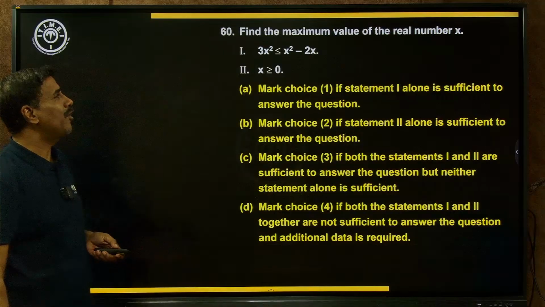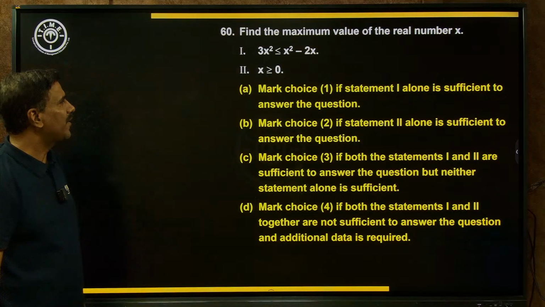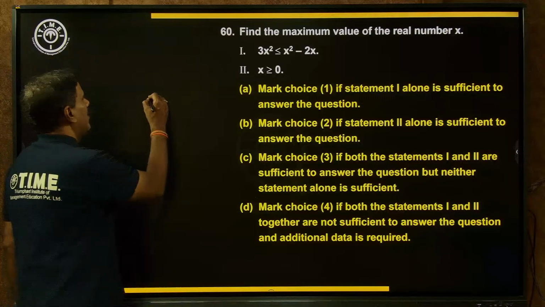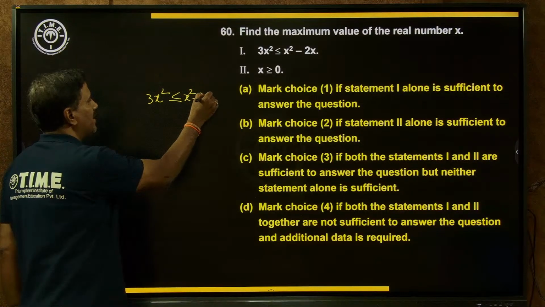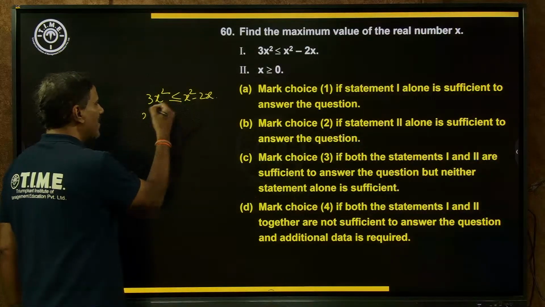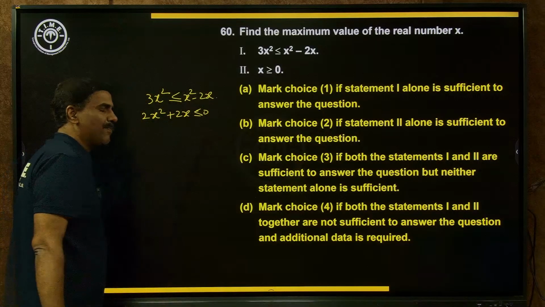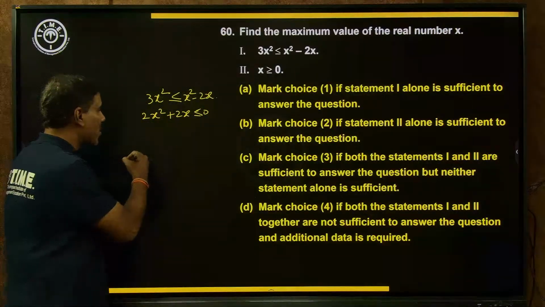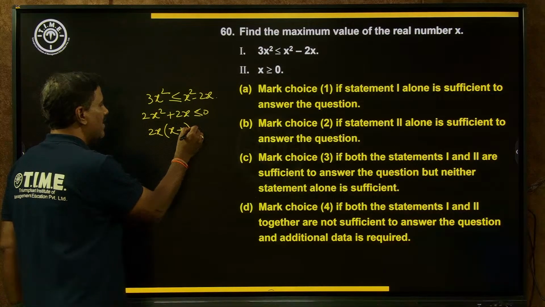Find the maximum value of the real number x is the question, right? If you observe carefully, 3x square is less than x square minus 2x is the data. If you bring this entire thing to this side, 3x square minus x square will become 2x square plus 2x is less than or equal to 0. If we take 2x common there, it will become x into x plus 1 less than or equal to 0.